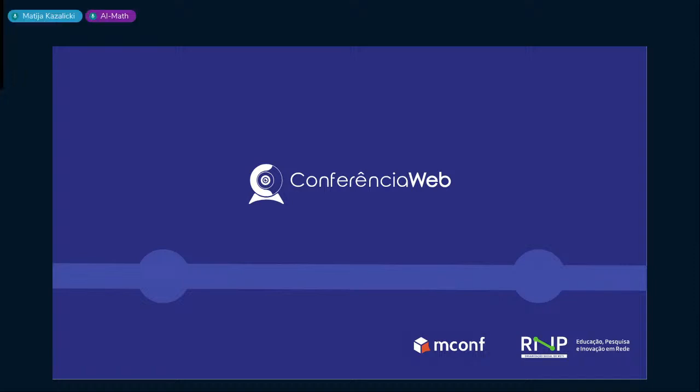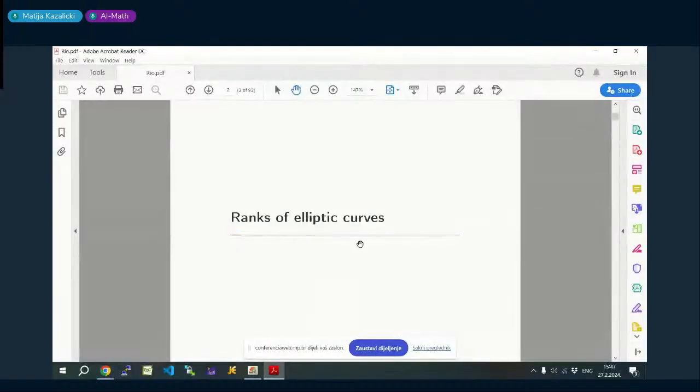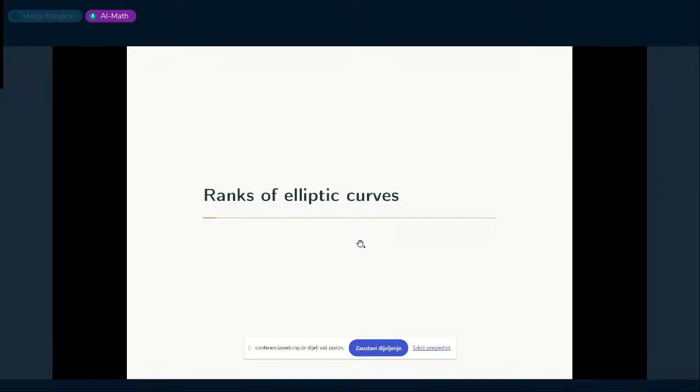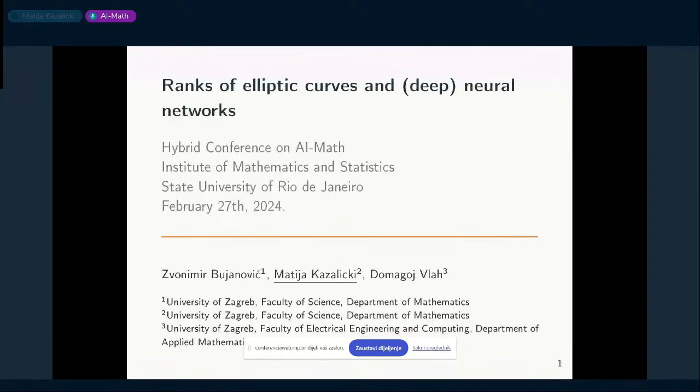Okay, so now I'm sharing the whole window. Is it now better? I think it's better. Just a moment, I will connect here with the TV. One second.